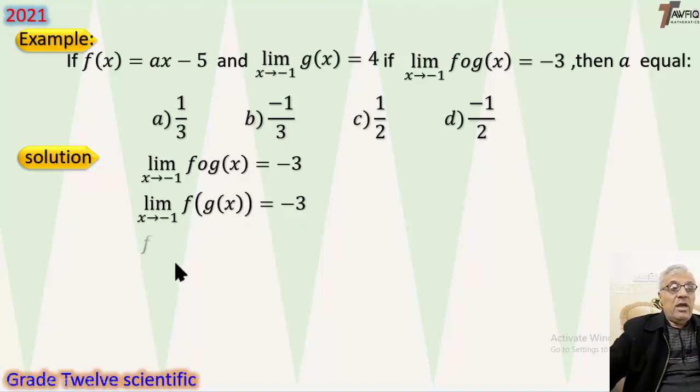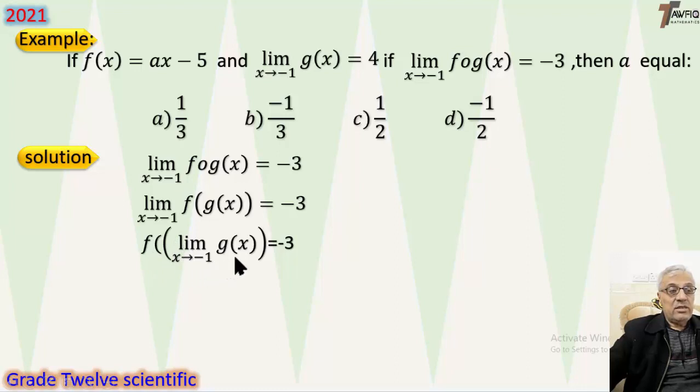Taking the limit inside, then f of the limit as x approaches minus 1 of g(x) has this limit equal to 4. Replacing it, it becomes f of 4, which equals minus 3. Now replace 4 in f(x).